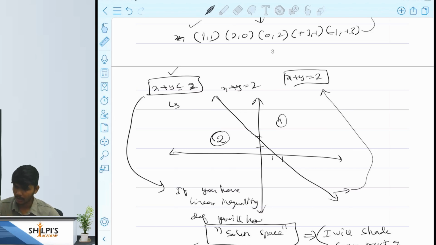In the side how we will define na, substituting some point, taking some points from this side, and I will substitute in this equation whether that point satisfies that particular inequality na, I will shade this part, or else I will take another point from this side, I will substitute in this inequality. If that point satisfies the particular equation na, I will shade this part.